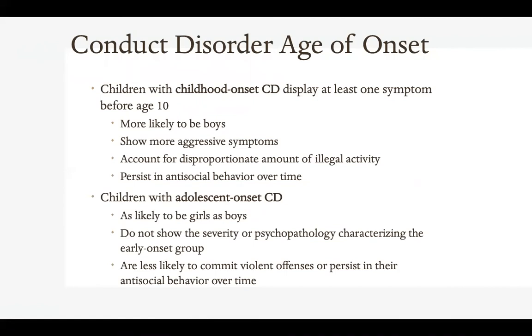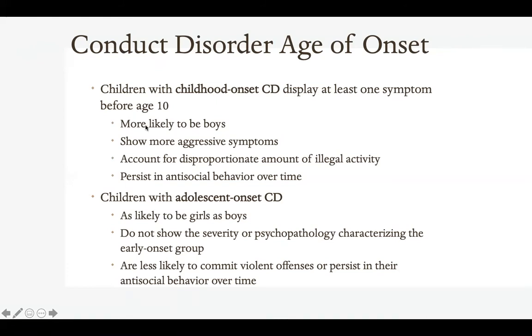Okay, let's talk about age of onset. So when does this come about? In the DSM-5, it talks about two different types of conduct disorder. Childhood onset conduct disorder basically means it comes about in childhood. So those children display at least one symptom before the age of 10 years old.